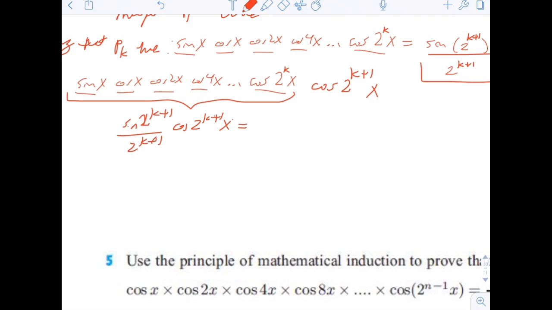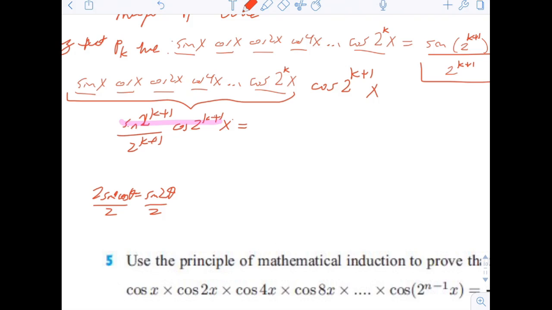And we know that if we have sine 2 to the k plus 1 times cosine 2 to the k plus 1, that is related to 2 sine cosine equals sine of 2 theta. 2 sine theta cosine theta is equal to sine 2 theta. If we divide both sides by 2, we'll get sine theta cosine theta equals sine 2 theta divided by 2. So this is what we're going to do.